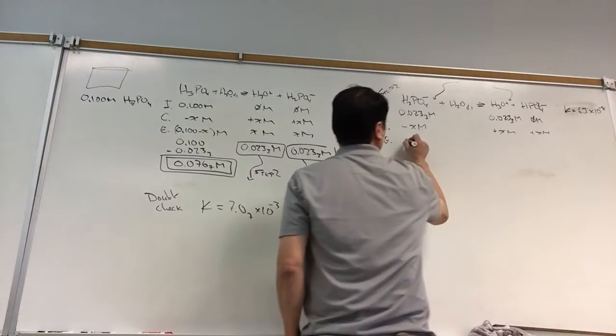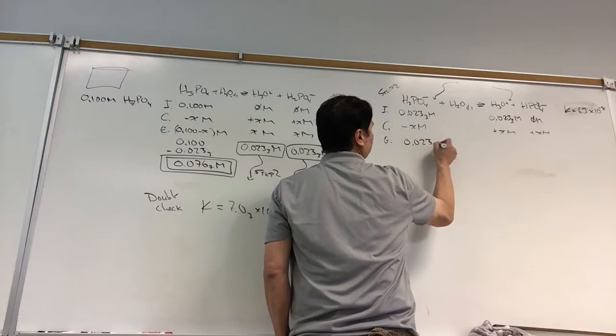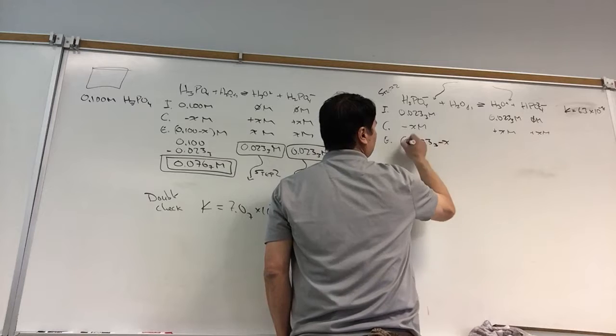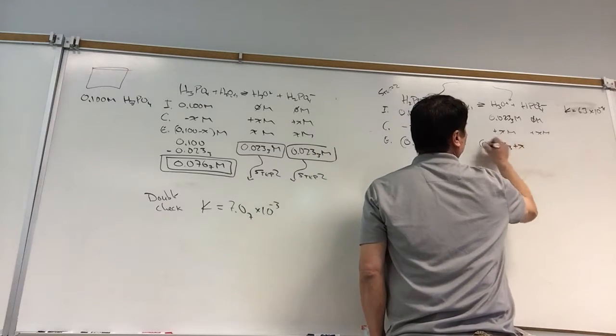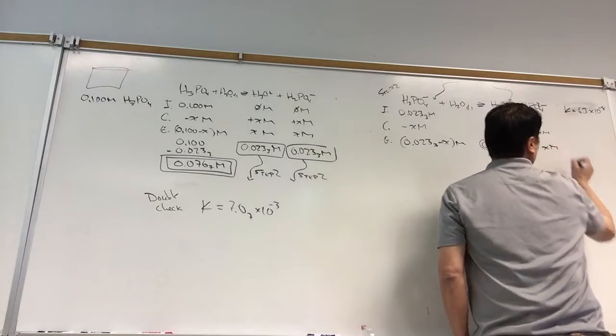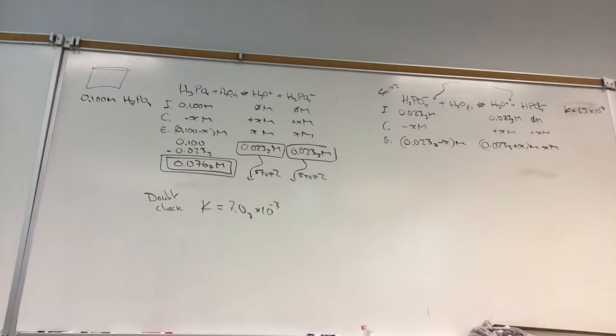When we look at the equilibrium concentrations, 0.0233 minus X molar, 0.0233 plus X molar, and X molar.